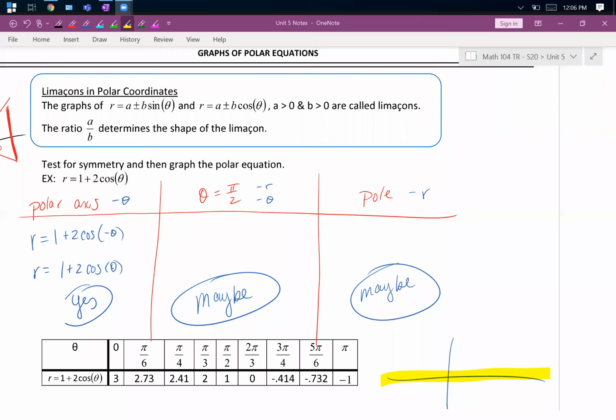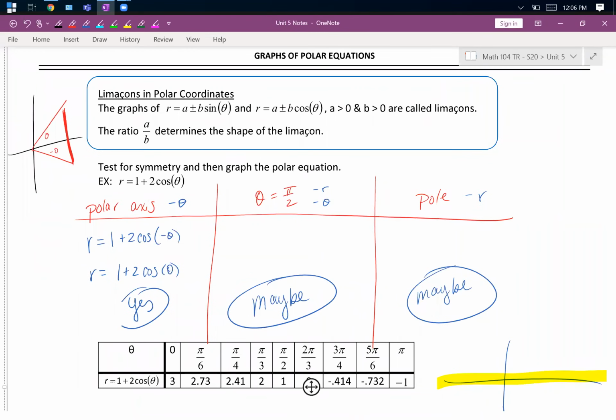Okay, so our symmetry should have given us yes, maybe, maybe. Some people had maybe for that first group, but remember, we're using our negative angle identity, and cosine of negative theta is equal to cosine of theta. So we're just replacing cosine of negative theta with cosine of theta, so that one's definitely a yes.